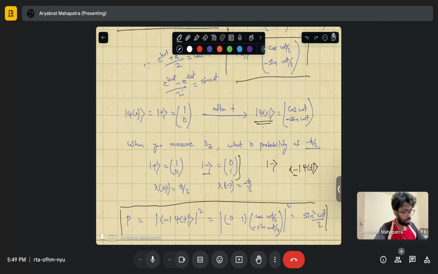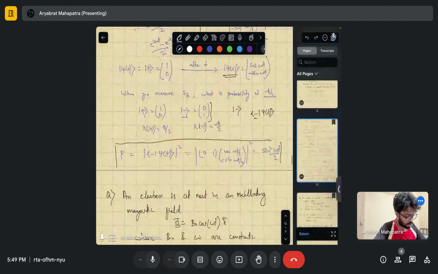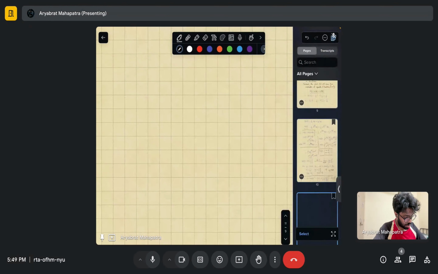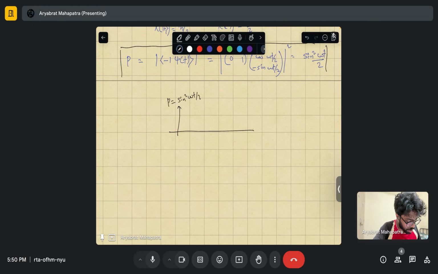Basically, if you plot sine square omega t, you get this kind of oscillatory pattern. It does not have any negative part because it is sine square.